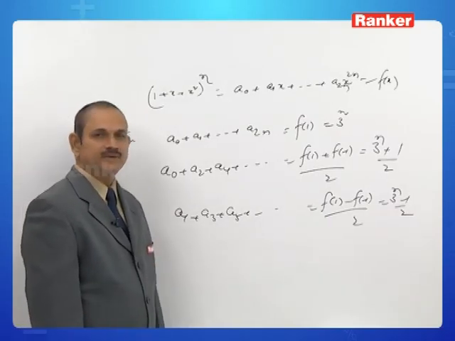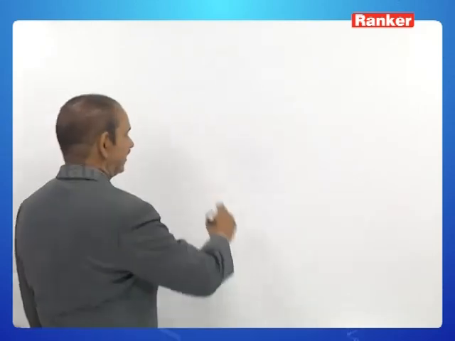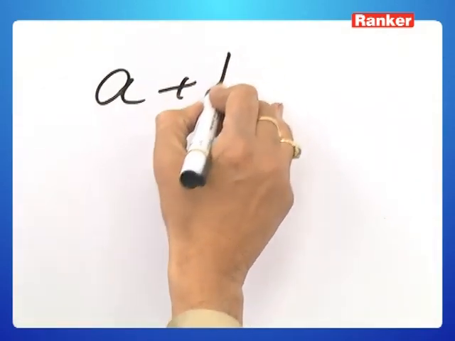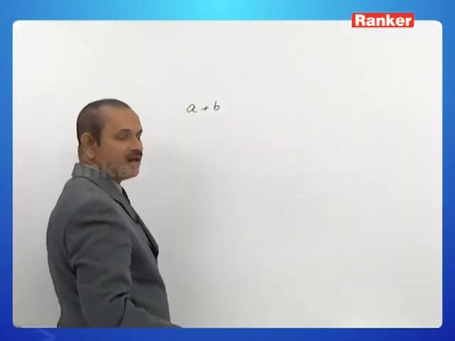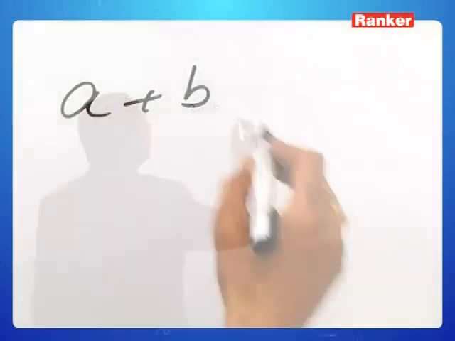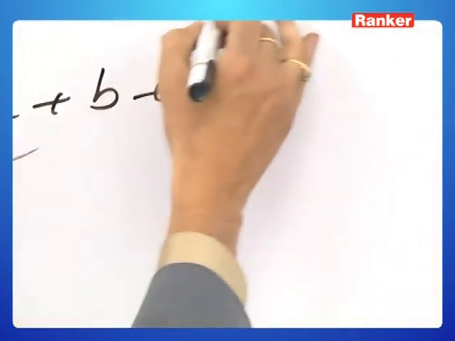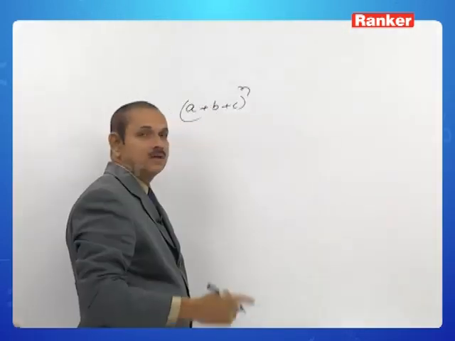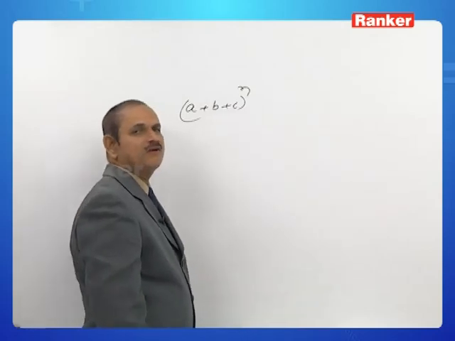Well, next one: the trinomial and multinomial theorems. What are they? If you have (a + b)^n, the formula which gives that expansion is called the binomial theorem, and if (a + b + c)^n is given, then it is called the trinomial theorem.